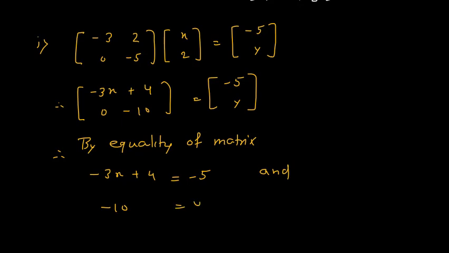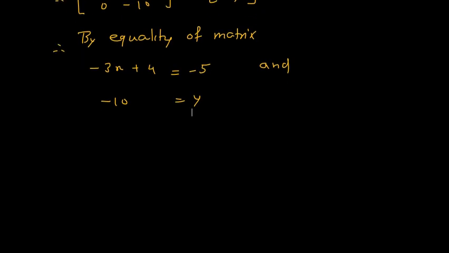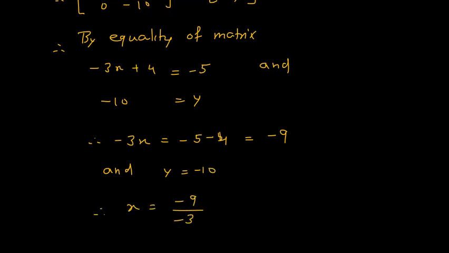So therefore we have minus 3x is equal to minus 5 minus 4, that is minus 9, and y equal to minus 10. So the value of x is minus 9 upon minus 3, which is equal to 3, and the value of y is minus 10.